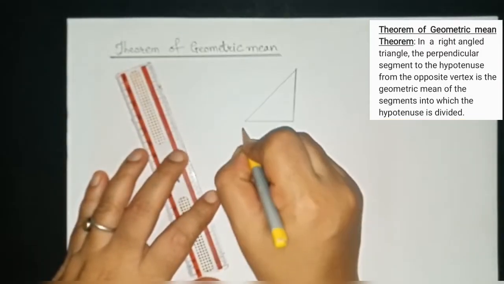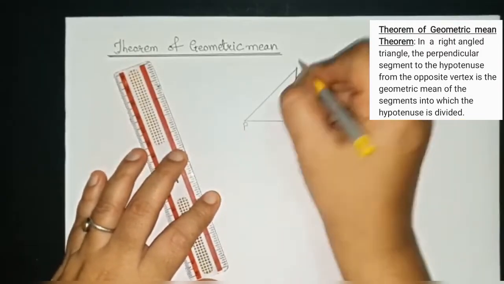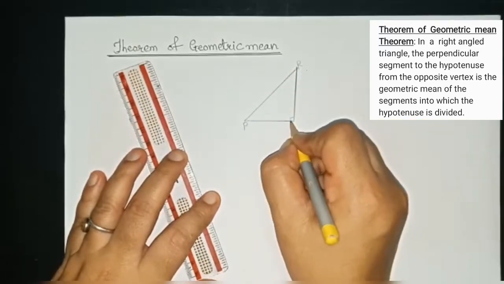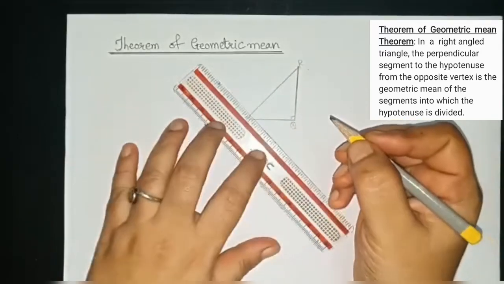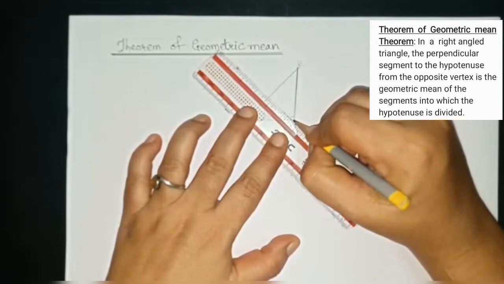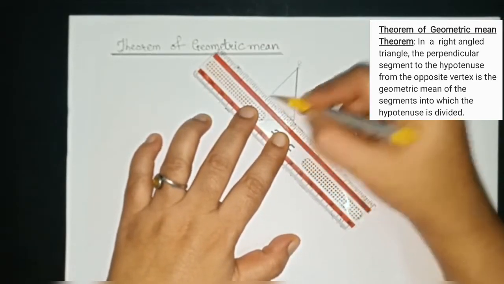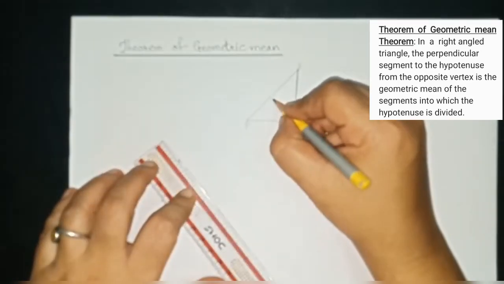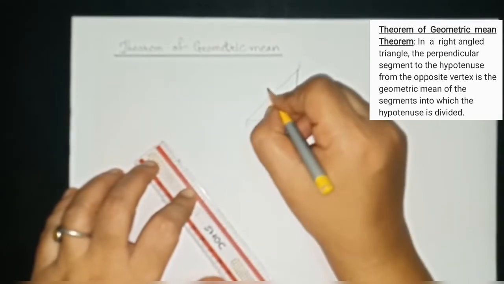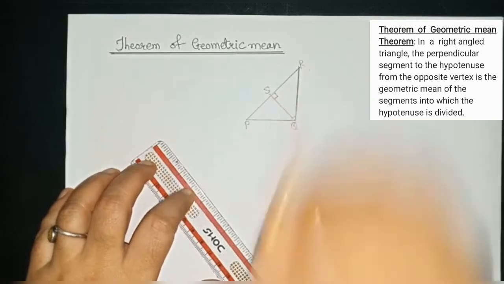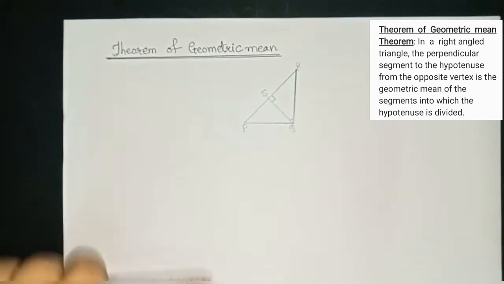So this is a right angled triangle PQR, and it forms a right angle at angle Q. And this is a perpendicular drawn on the hypotenuse. Let us say that QS is the perpendicular drawn on the hypotenuse PR.